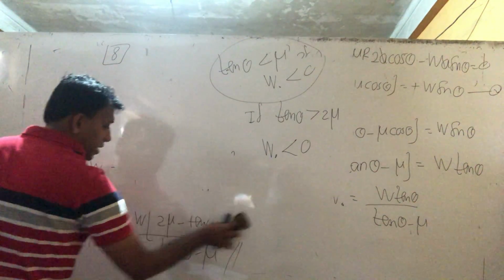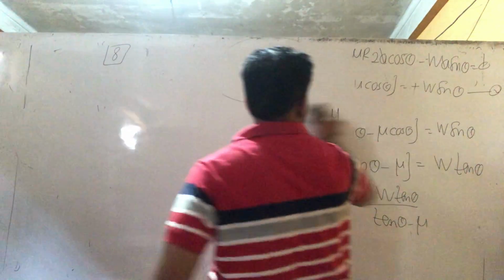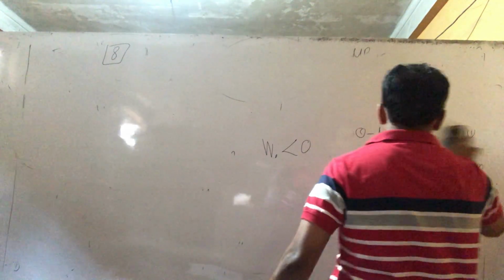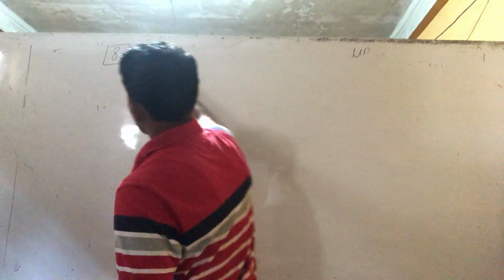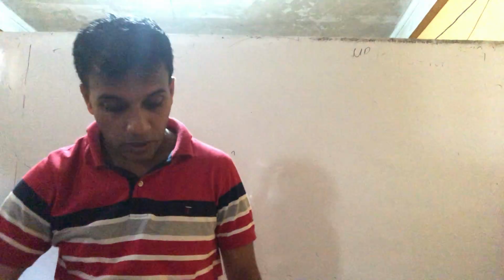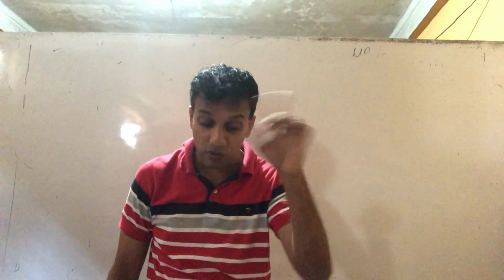Okay, see question number 9, probability. A and B are two events in a sample space omega. We call S the sample space omega, or universal set.